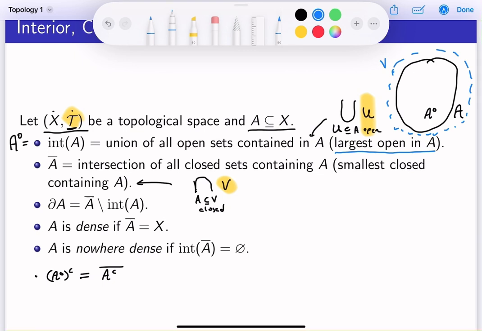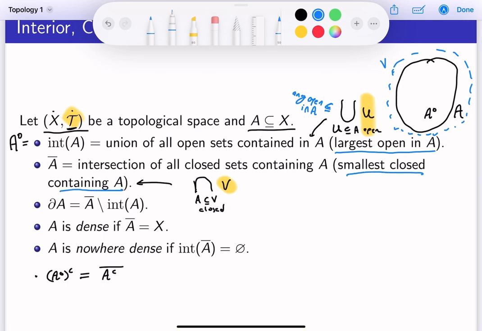It's because if you give me an open set and you claim that it's the biggest one, then it's definitely contained here, right? So if you start with any open set in A, then it's definitely contained here. So any open set in A is contained here. So it's the largest.